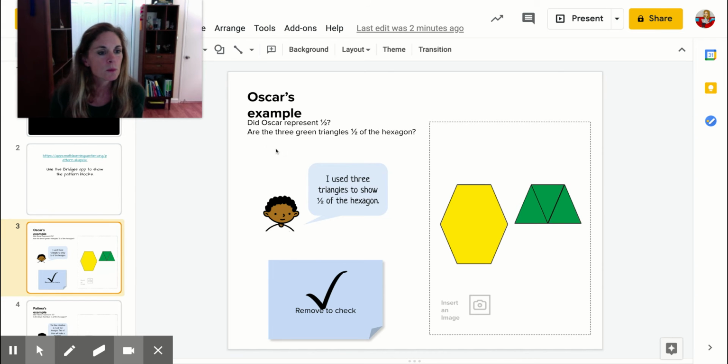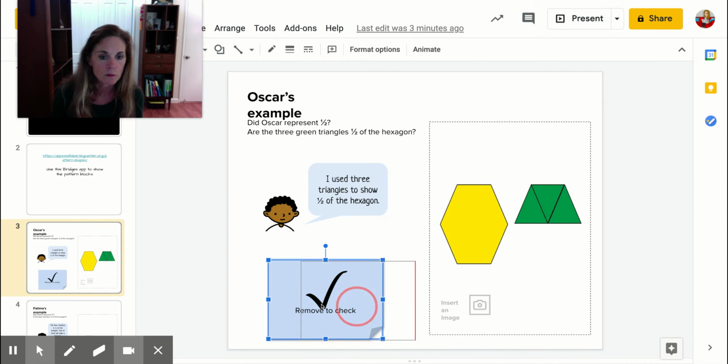All right, so the first example is this. So take a look at this. And the question is, did Oscar represent 1/2? So this is the whole, and this is what he says is the half. Are the three green triangles half of the hexagon? What do you think? I think if you moved these over, let's watch that here.